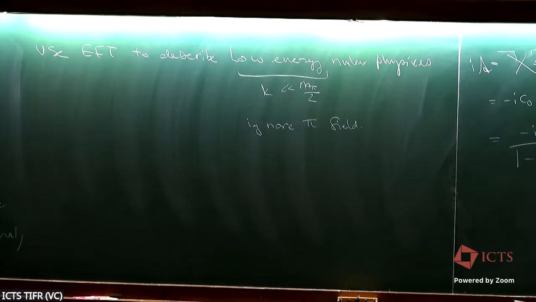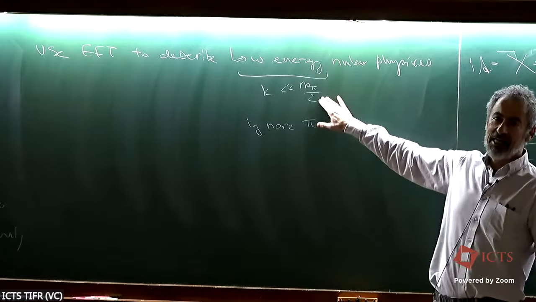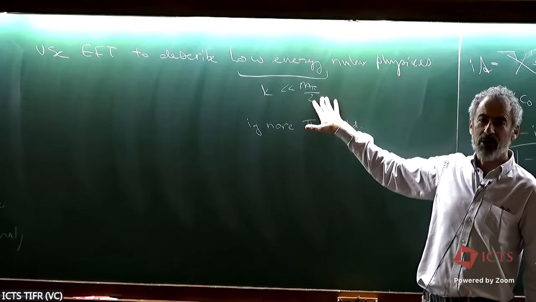When you include a physical pion, you're going to start getting cuts that are related to m pi over 2.